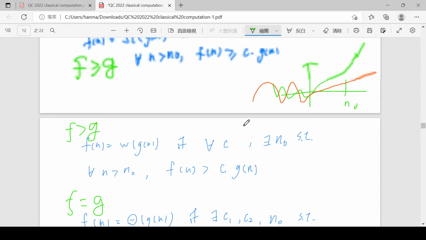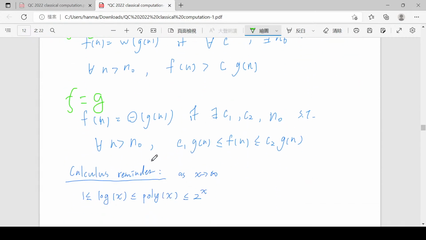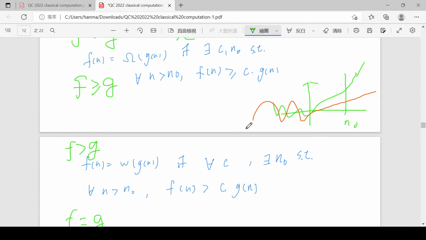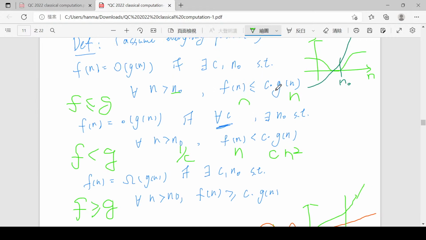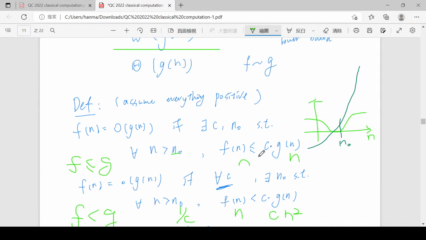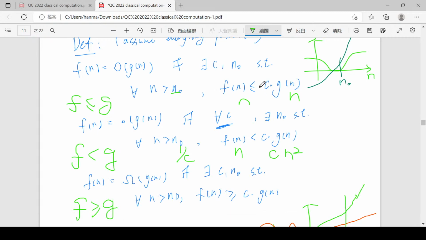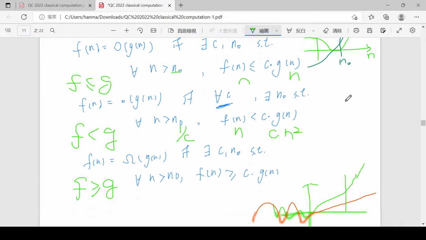And everything is asymptotic, so we only care that there is some cutoff N naught, and for all N greater or equal to that, you can multiply by some constant.